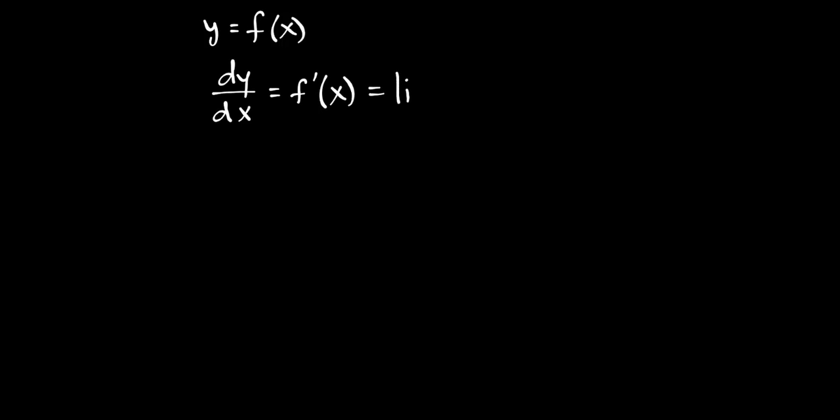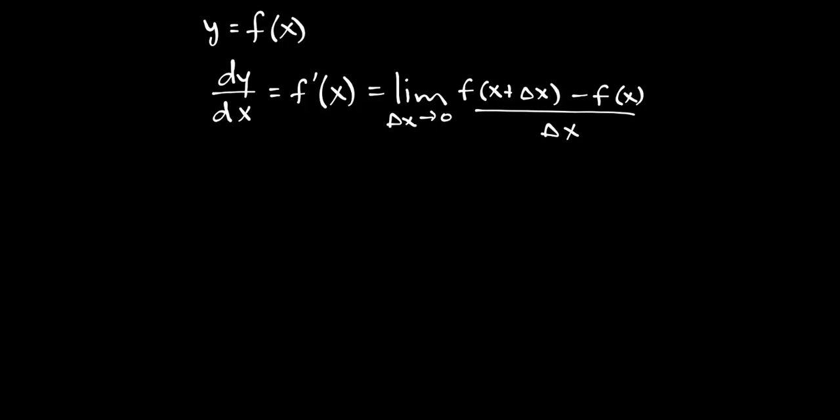It's equal to the limit as delta x goes to 0 of f of x plus delta x minus f of x all over delta x. And this is how we define the derivative, and this is what the derivative is. Here we have the Leibniz notation, and here we just have the prime notation.